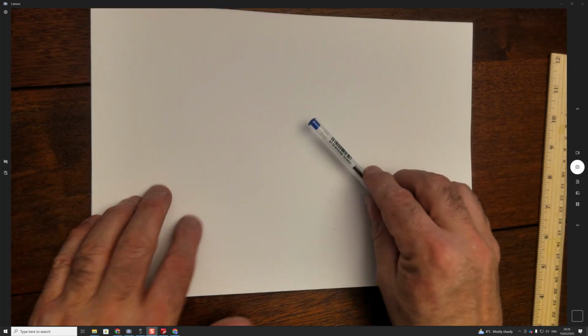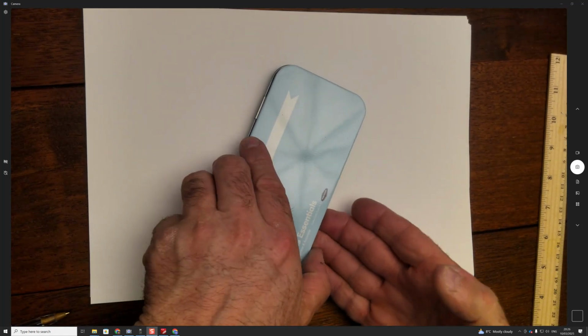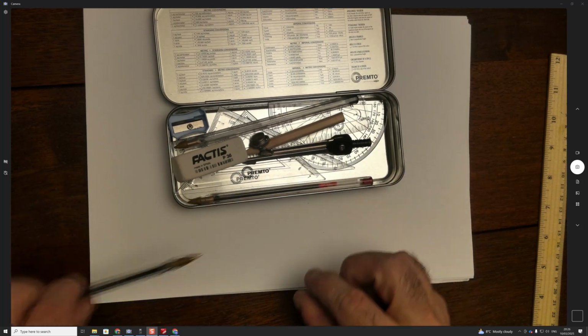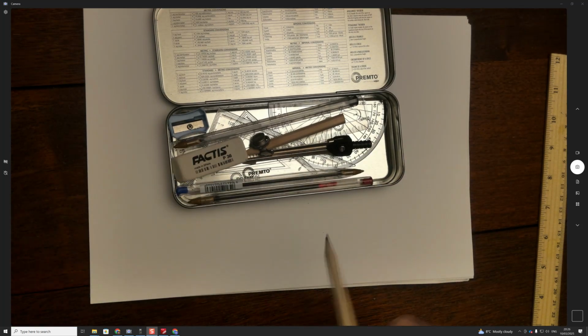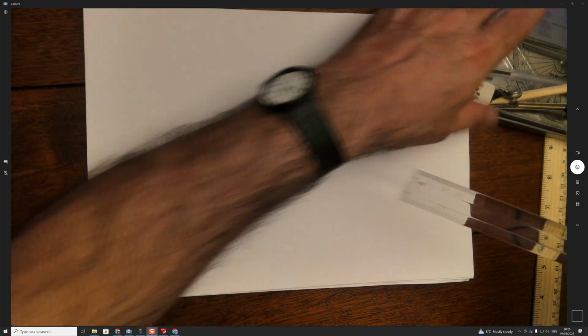I want you to take out a copybook, and take your geometry set, which is all dialed in, ready to go. Remember, I showed you a video on how to get your geometry set ready for action. Just bring a pencil in and follow along with what I'm going to do.